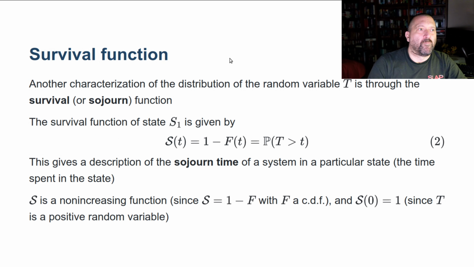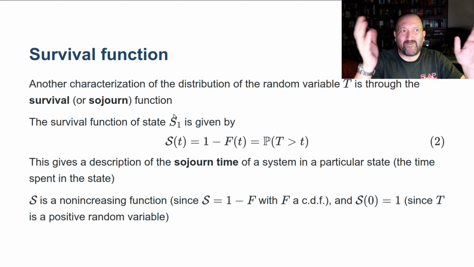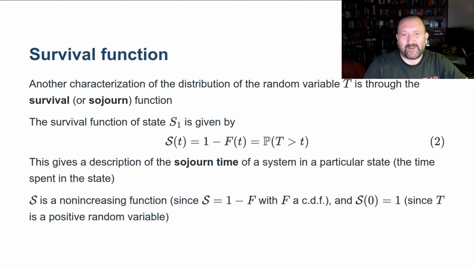Now, the one thing that we're going to be using a lot here is what's called the survival function. That's another characterization of my random variable, capital T. Here I'm referring to the state S1 in my experiment, so S1 and S2.